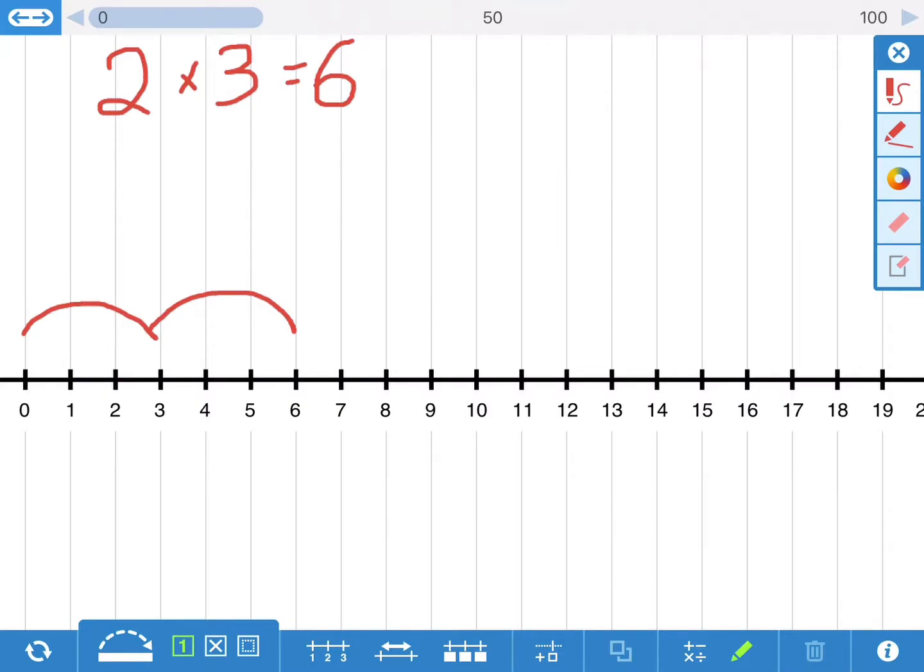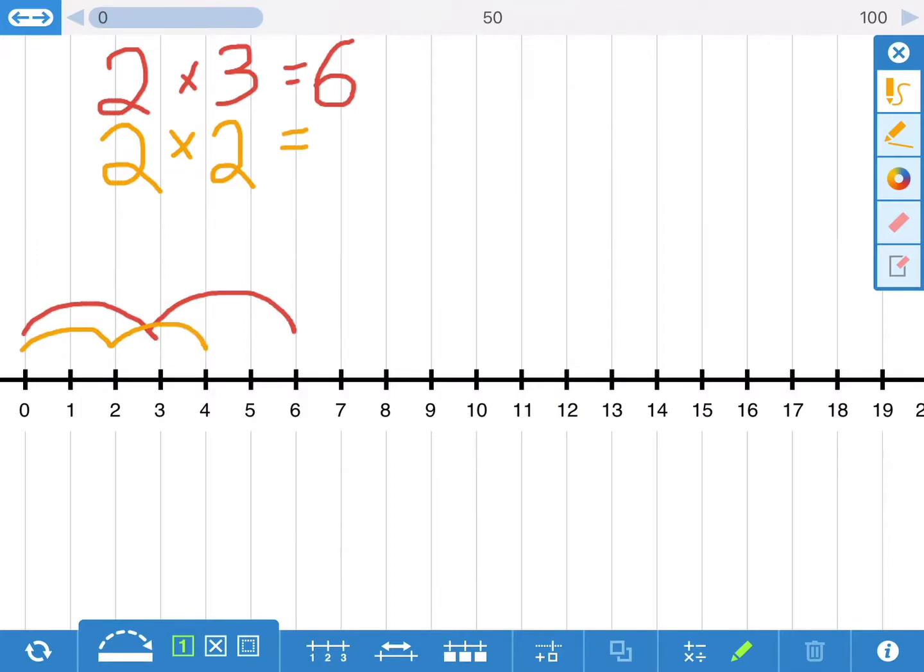That's 6. Fantastic. Okay, so what if I change the question, and I'm going to change the color too, so let's go with orange this time, and I'm going to keep my 2, but this time I'm going to multiply by 2. And we all know that the answer is 4, but let's prove it. So again, I start at 0, and I'm taking 2 jumps of 2, 2 groups of 2, right? So there's 1, and there's another 1.